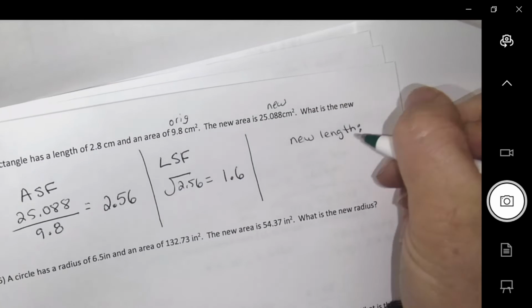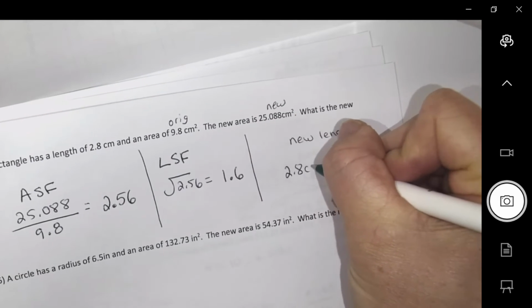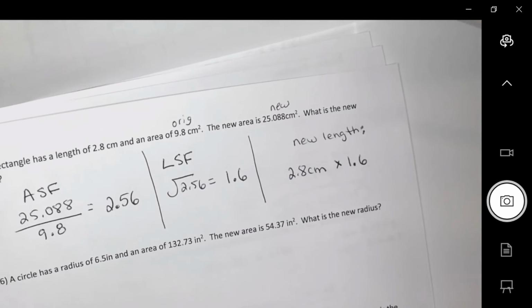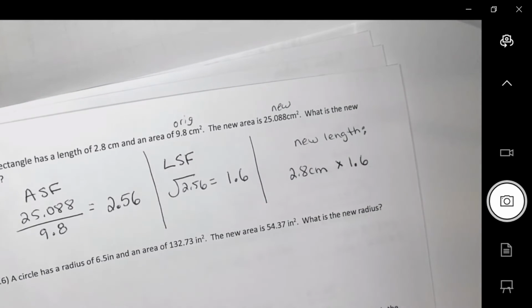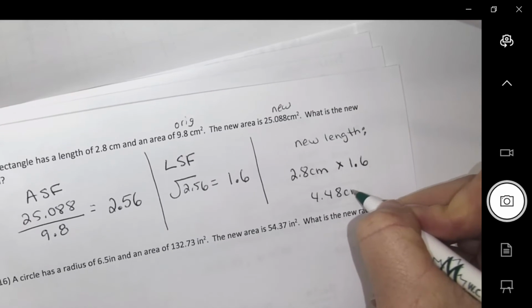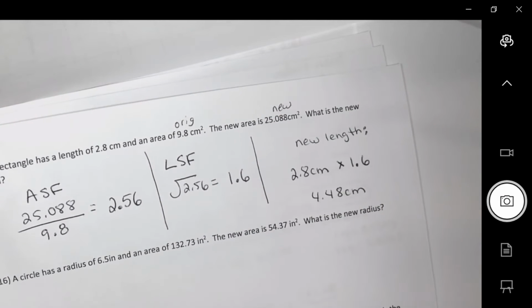I'm going to do 2.8 centimeters times 1.6. So that's the new length of my rectangle. Do you see how I had to go through the areas, the scale factor of those sides, and then I solved the problem?